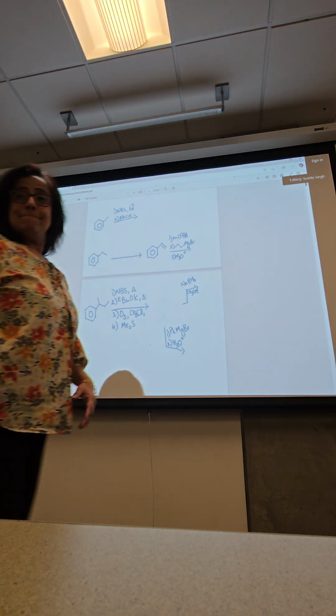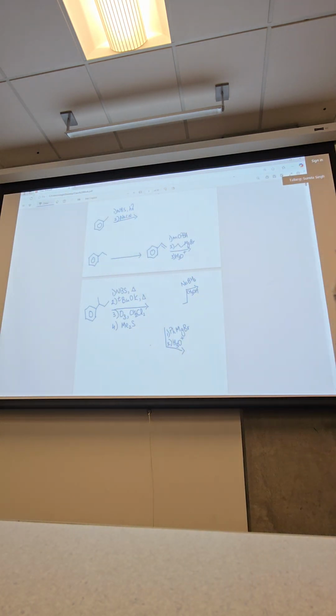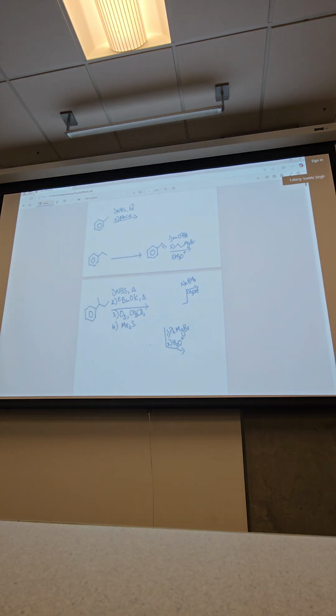And then sodium cyanide. We're using cyanide, so it's SN2 substitution. Let's see if you got the same, since it's a primary now.